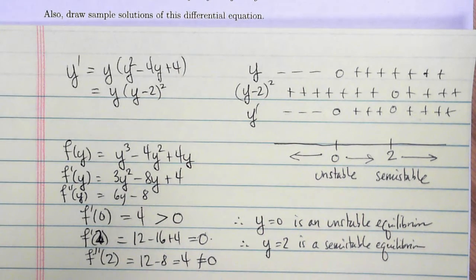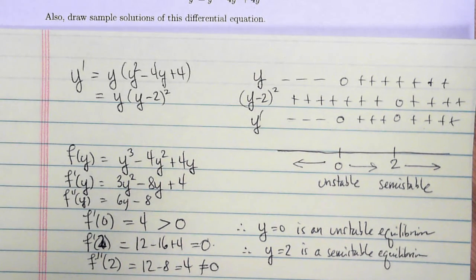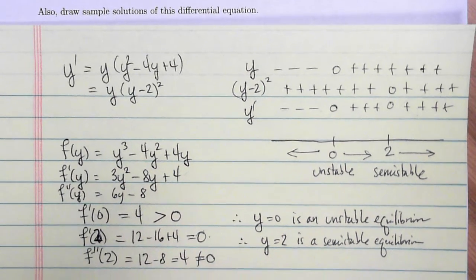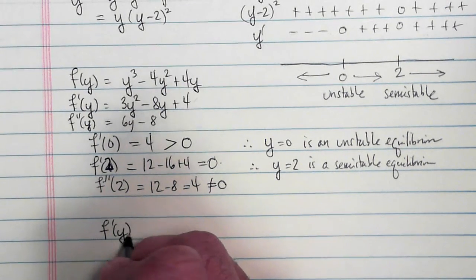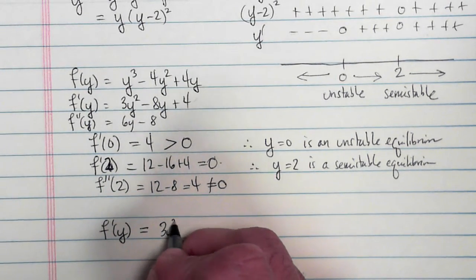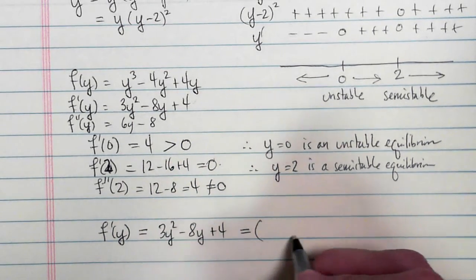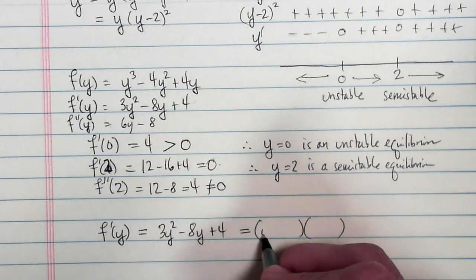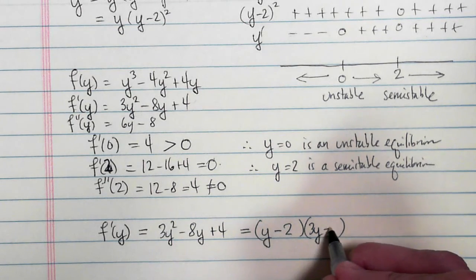Okay, so we're almost ready to draw pictures. We know where it increases and decreases. But we have one more tool at our disposal, and that is using f prime to figure out the points of inflection. So f prime of y is equal to 3y squared minus 8y plus 4. Now this factors as y minus 2 times 3y minus 2.